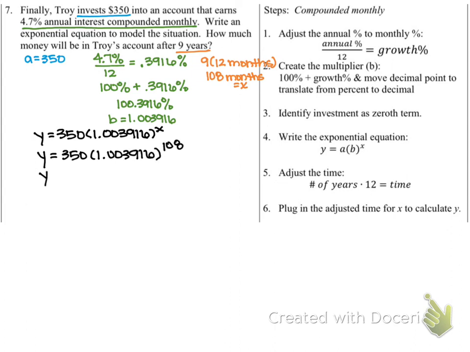And we type this in the calculator and see what we get. And we get 533.80. Dump off the rest of the numbers. Now this should be higher than the quarterly rate. It is. All right, see if you can do the you try questions now.